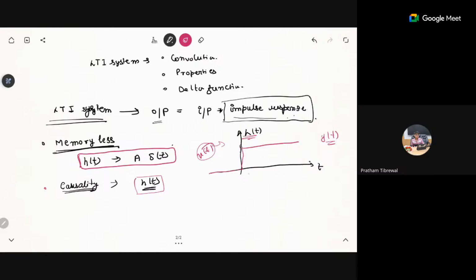The h(t) should be a function such that h(t) is equal to 0 for all values of t less than 0. There should not be a non-zero value when t is less than 0. It should always start from 0 and then proceed, with all zero elements when t is less than 0. Clear?